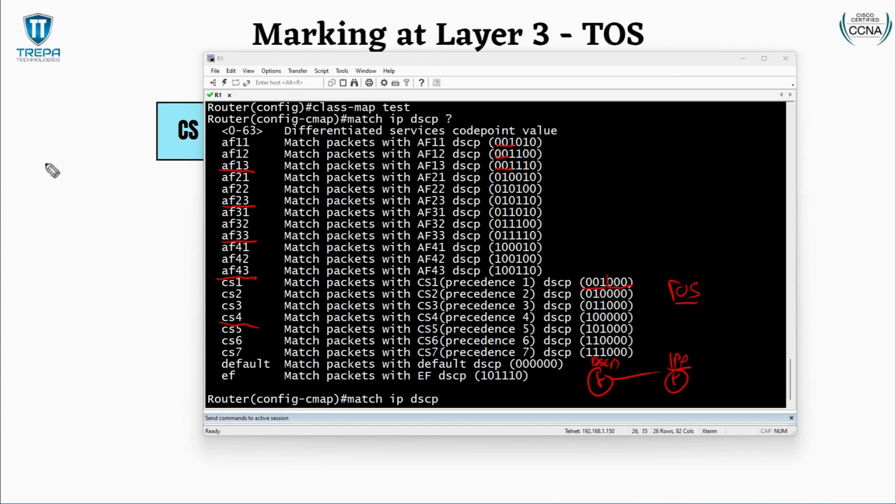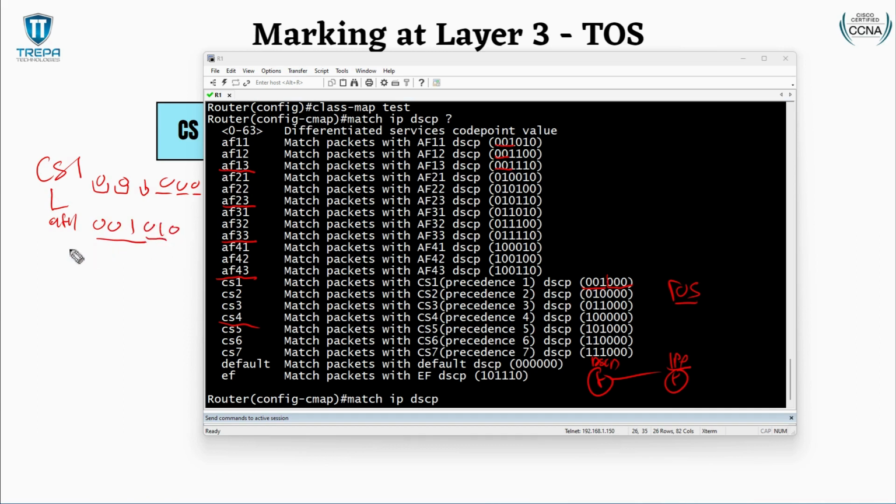So CS1, the first 3 bits were 0, 0, 1. And then the rest were all zeros. Well, now let's take a look at AF11. It's 6 bits entirely to get an AF11 DSCP value. What do we notice about the first 3 bits? They're the same as class selector 1. And then we get 0, 1, 0.